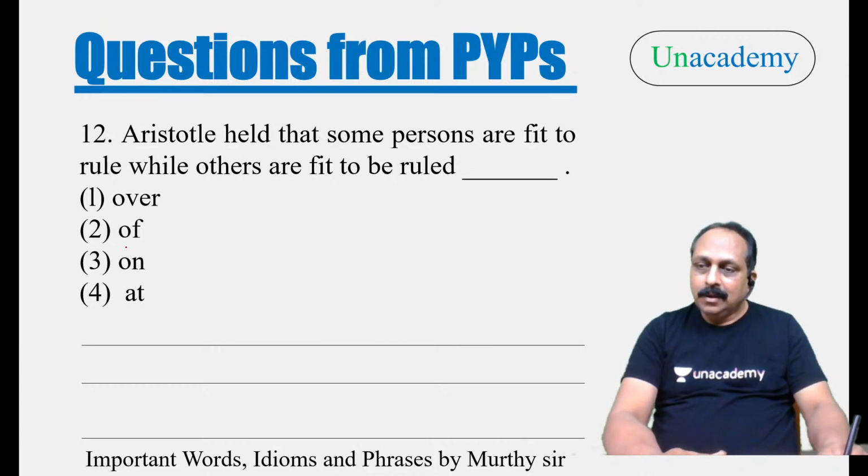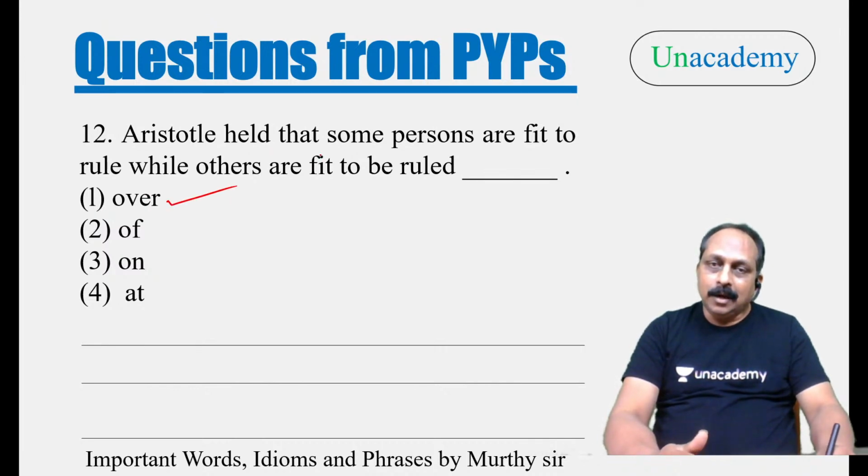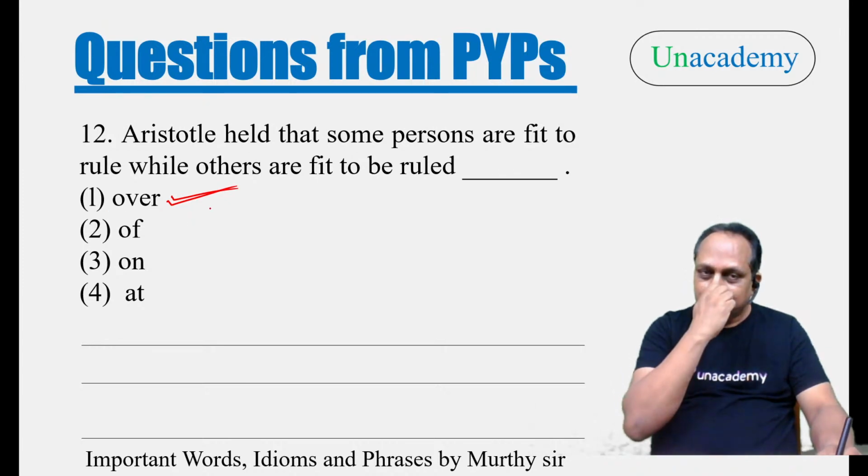Someone says first option, someone says second option. Answer is the first option. Aristotle held that some persons are fit to rule, while others are fit to be ruled over. Ruled over. That is a correct preposition.